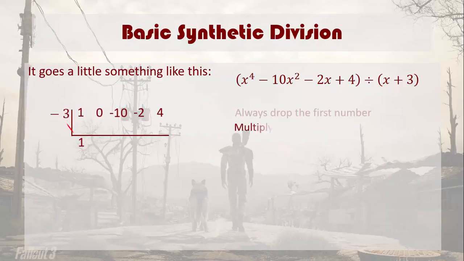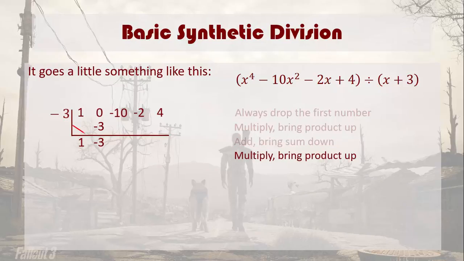Now you're going to multiply the negative 3 times the 1 and put the product back up in that box underneath the 0. Now, unlike long division, in synthetic division we add these terms and then you repeat the process. Now we're going to take negative 3 times negative 3 to get positive 9.